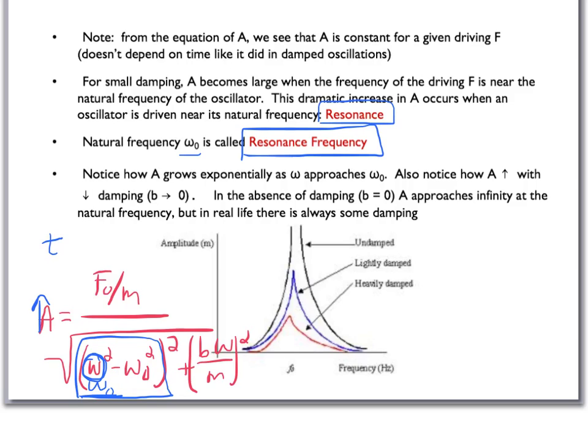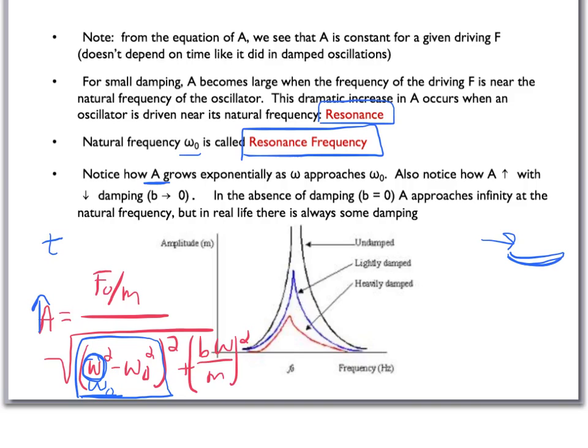If you start pushing this oscillator at a frequency near the natural frequency of the object or the material this is made out of, this is going to grow exponentially for the amplitude of this motion. Now we can see here that A is actually going to grow more with less damping.